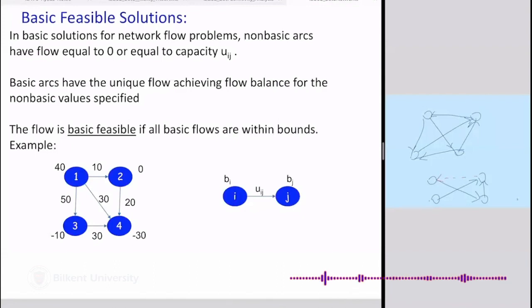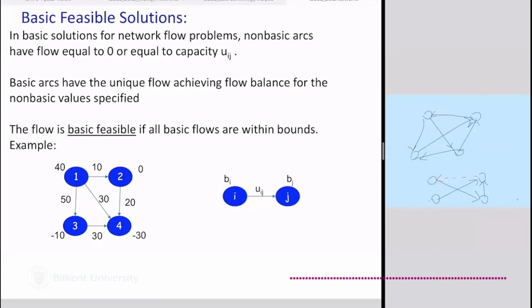Now, a basic solution for MCNFP will be each spanning tree. But not all of them will be feasible, of course, right? We have bounds on our arcs, so we have to check the values of the arcs. How much flow am I supposed to send through this spanning tree so that I satisfy my Ax equals b constraint?